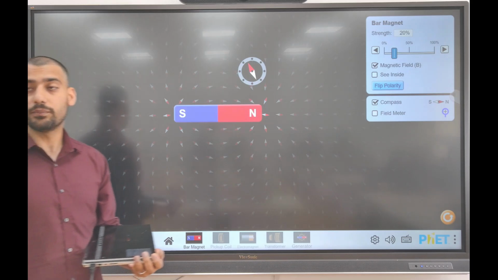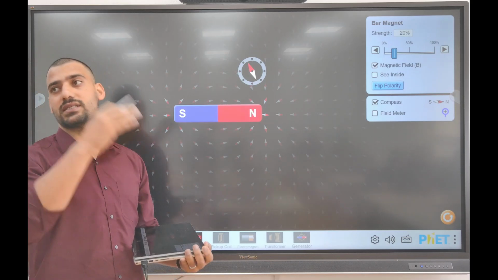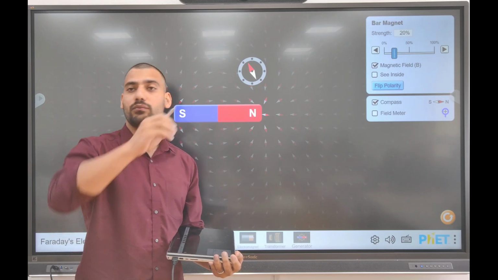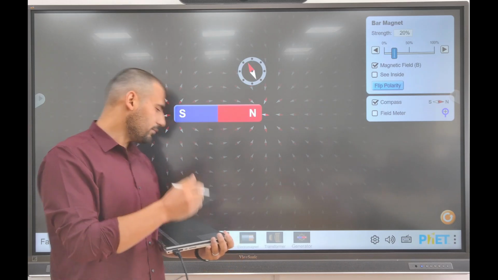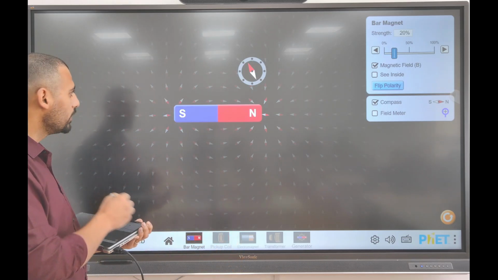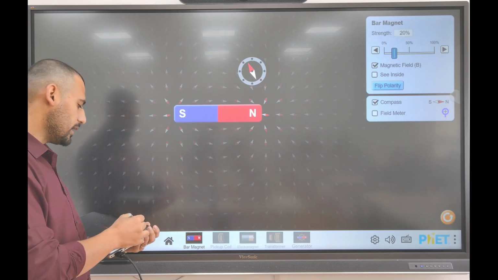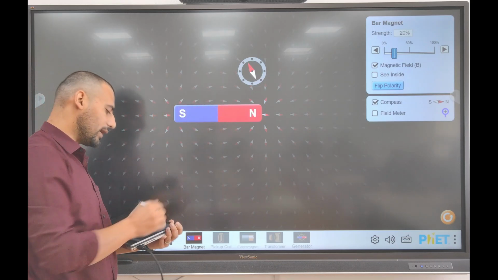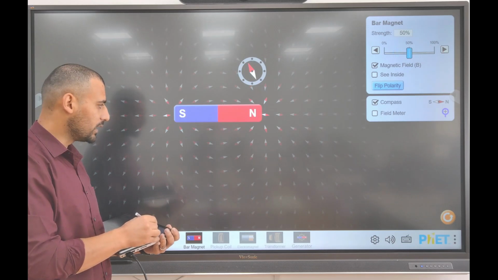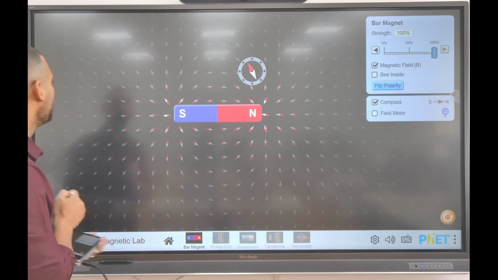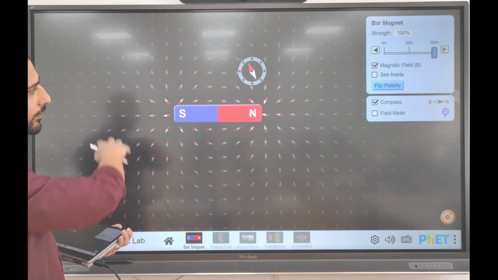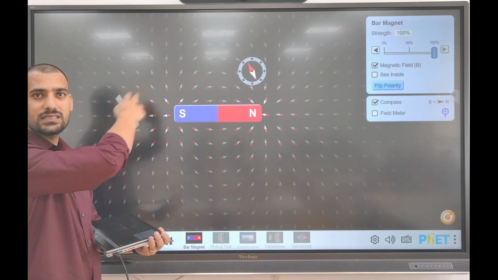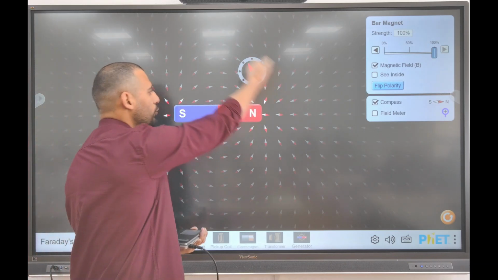So remember, the bar magnet modifies the space around itself, and the modified space will be called the magnetic field. And the magnetic field can be shown like this. See, if I bring a strong magnet, you will see more field lines. See, do you see more number of lines that can be drawn from the north pole to the south pole?